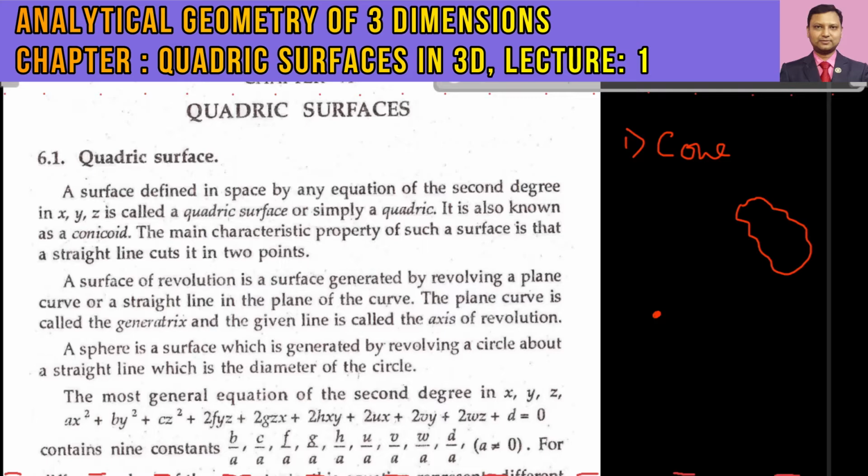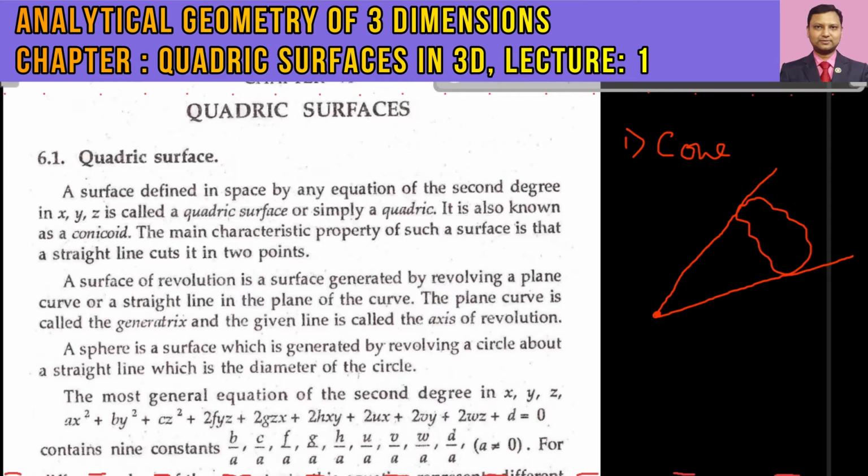Now, if we consider a straight line which will always pass through this fixed point, and it will pass along this curve, as we consider different straight lines passing through this curve, in that case altogether we will have a three-dimensional surface. And this three-dimensional surface is called cone.